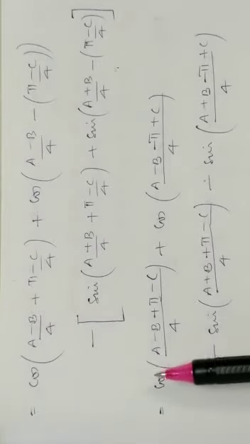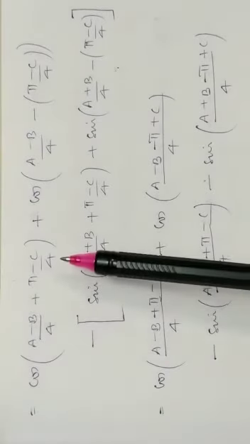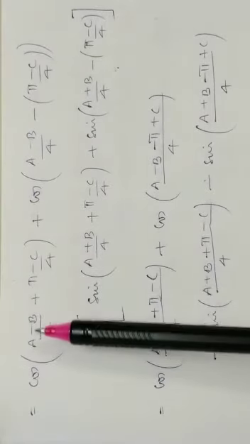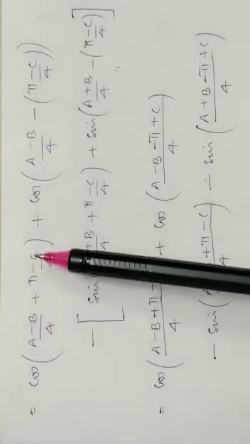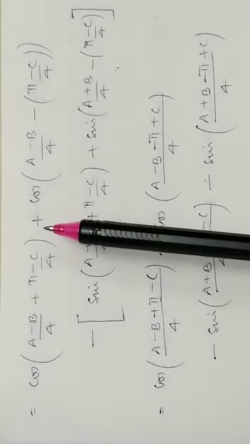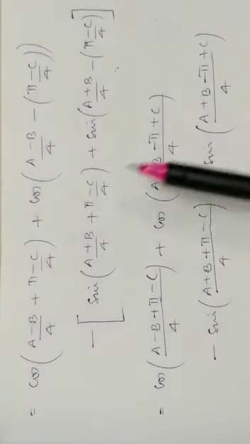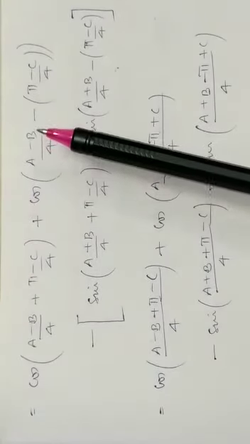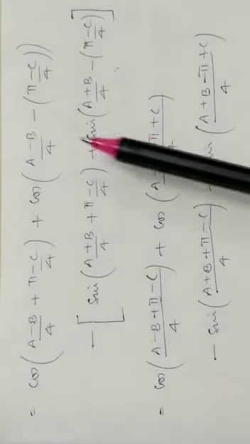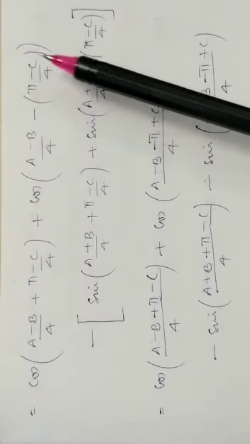So, cos, LCM 4, the numerator is (a-b) plus (pi-c), plus cos, LCM is 4, (a-b) minus (pi-c) with minus into minus plus c.